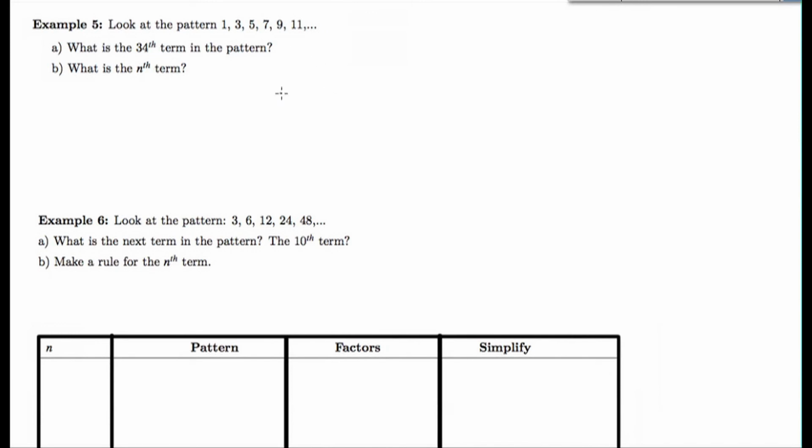Okay, so the pattern is increasing, isn't it? By the same number. It's increasing by 2. But all these numbers right here are odd. The pattern increases by 2 and is odd.